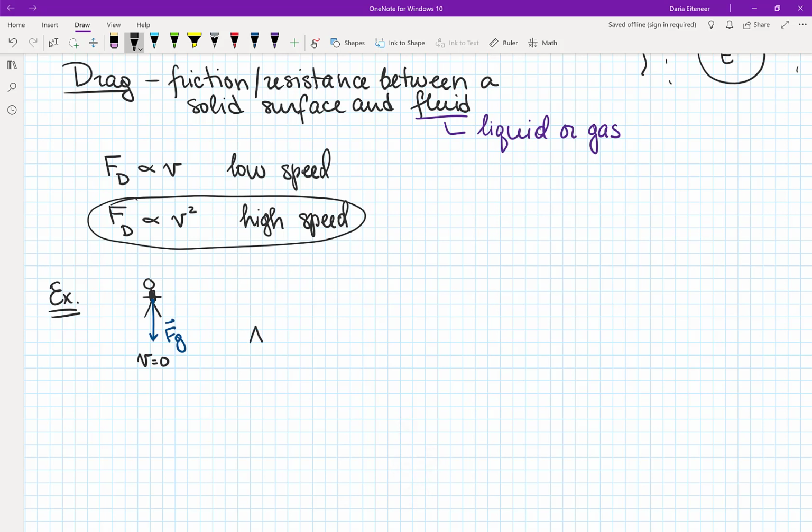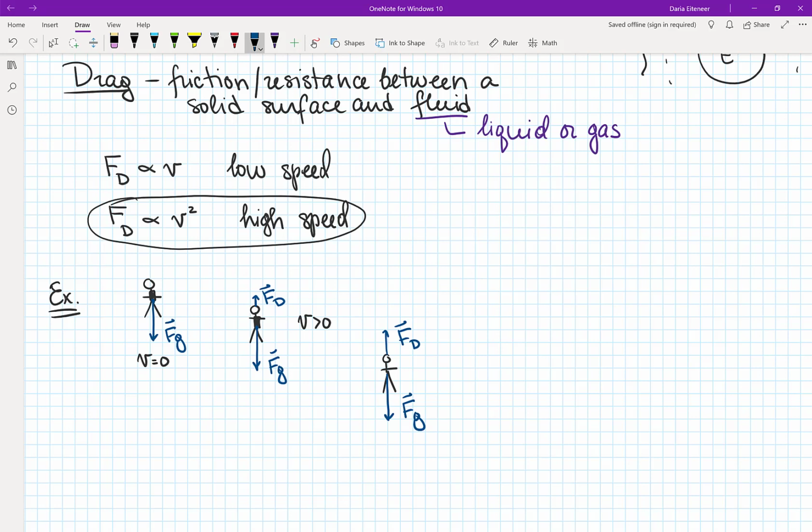As the person falls, the parachute is still not open, but now the speed is no longer 0, right? So now, aside from force of gravity, there is also a little tiny force of drag acting on the person. Tiny because the speed isn't high enough. The more the person falls, the higher his or her speed, so the greater the force of drag.